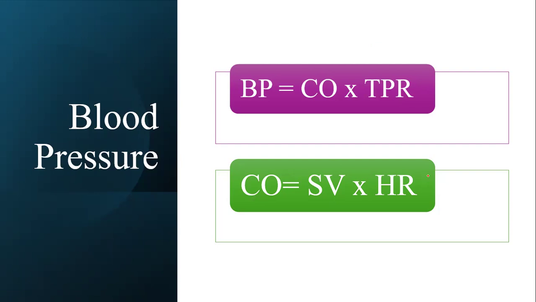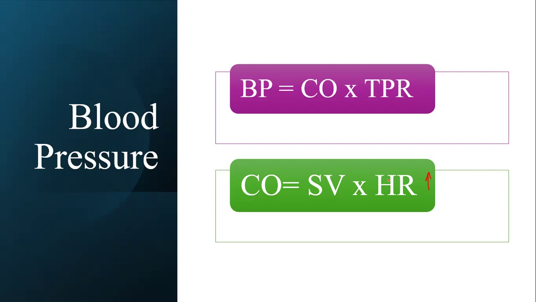So first of all, let's see the cardiac output. Cardiac output is defined as the amount of blood that is ejected by the heart in a minute, right? So in each minute, the amount of blood that is ejected by the heart is cardiac output. These two things combine to make cardiac output: one is stroke volume and the other is heart rate.